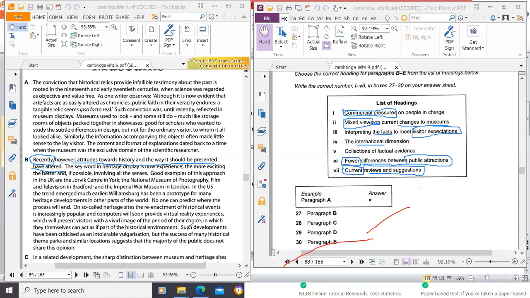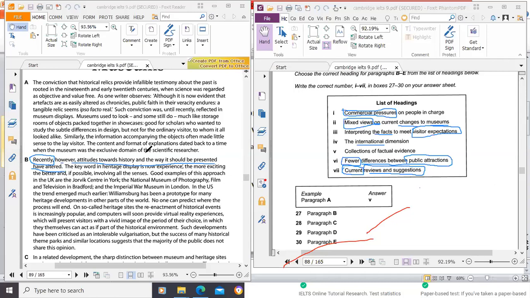But then you will see that, because I'm going to be answering questions 27 to 40, I have circled this word recently just to make it known that this is current. This is something that is happening. Now, if you look at the list, one thing you don't want to do is translate whatever you have in the passage, like looking for synonyms and antonyms, words that look like each other.